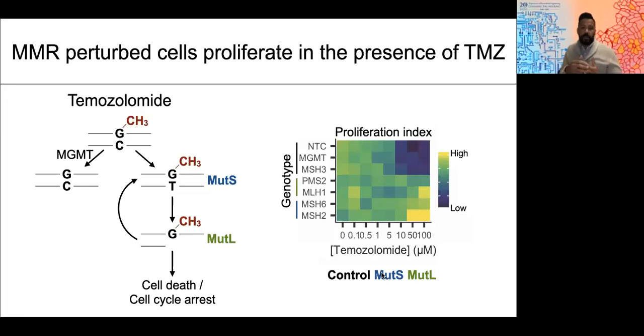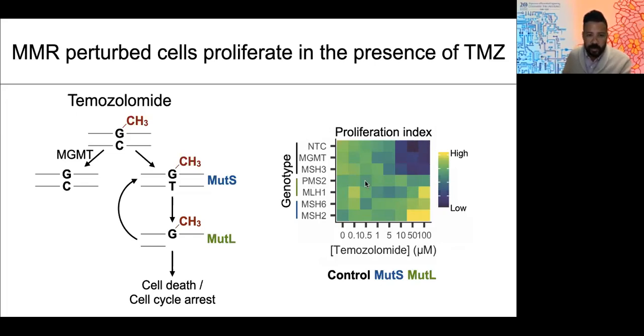Now, here I'm showing you a heat map where every row is a genotype and every column is a dose of temozolomide to which a cell was exposed. And the color refers to the expression of genes that are associated with proliferation. So again, that proliferation index. So a tile that is more yellow or more green is something that has a higher proliferation, higher expression of genes associated with proliferation, compared to something that's more dark blue.